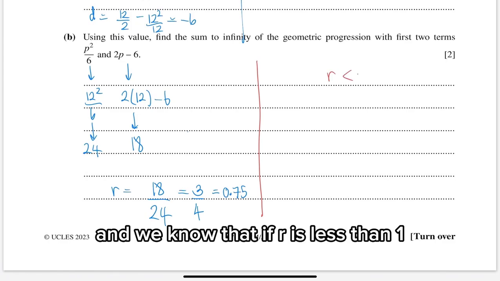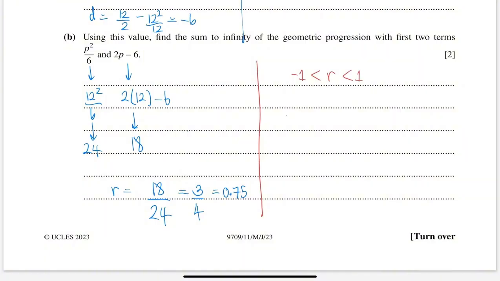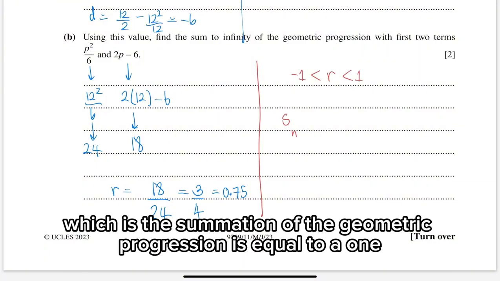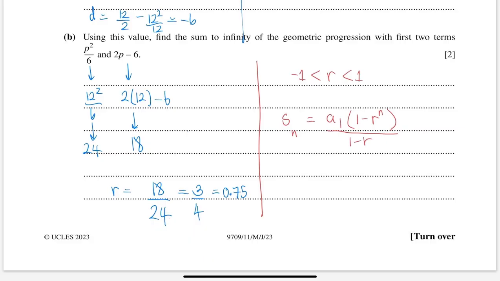And we know that if r is less than 1, but it is more than minus 1, then we can use this formula, which is the summation of the geometric progression is equal to a1 open brackets 1 minus r to the power of n close bracket over 1 minus r.